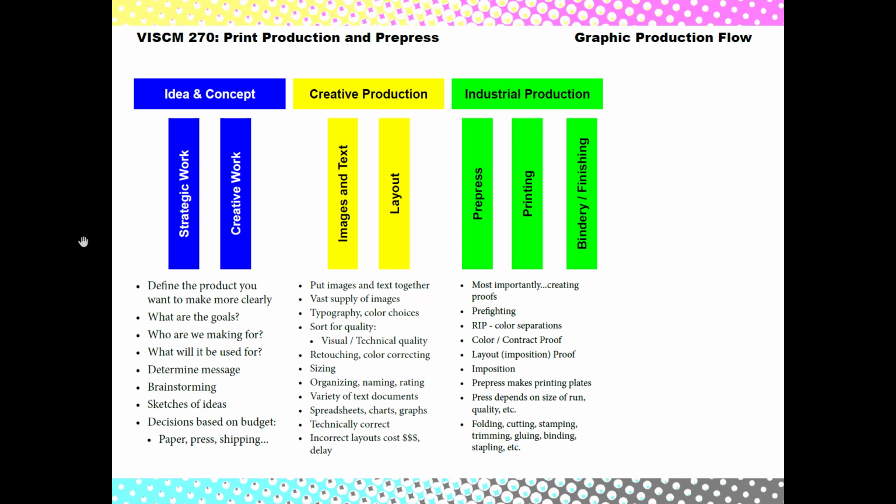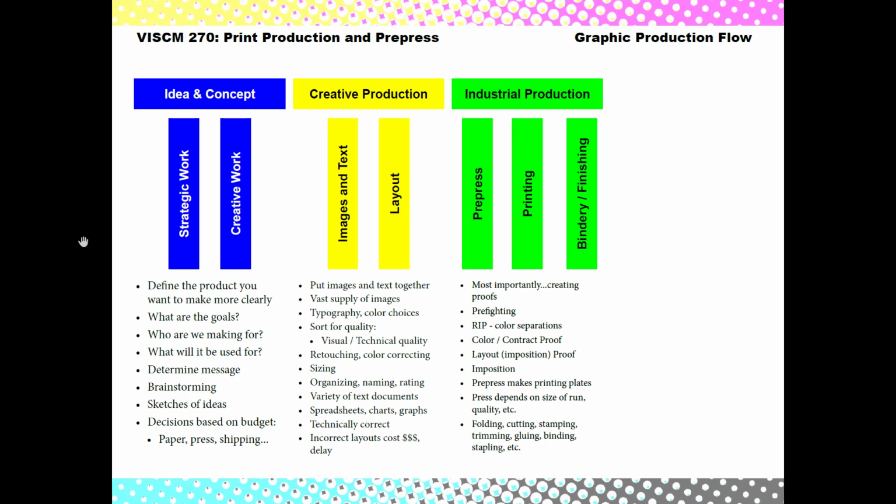After the press prints the product, then you move on to whatever needs to be done to that printed work, and that is finishing, also called a bindery. Bindery comes from bookbinding, but it includes pretty much anything that happens to the printed paper to create the final product.